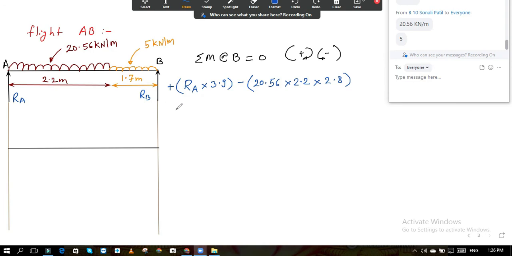Next, again minus this UDL of 5 kilonewton. It is again the area of rectangle, 5 into 1.7, conversion of UDL into the point load, and it will act at the center of this, so 1.7 by 2 from point B. All this must be equal to 0. Therefore, find out the value of RA.